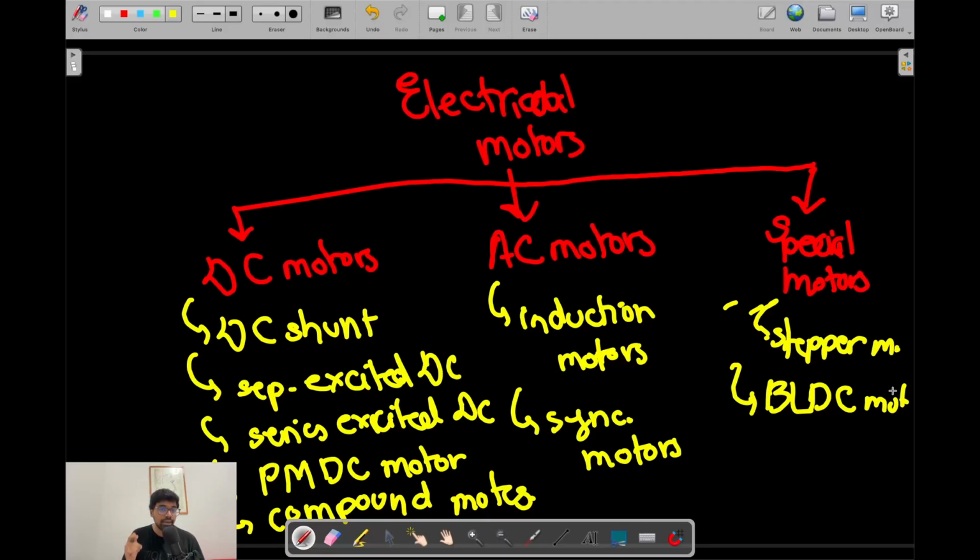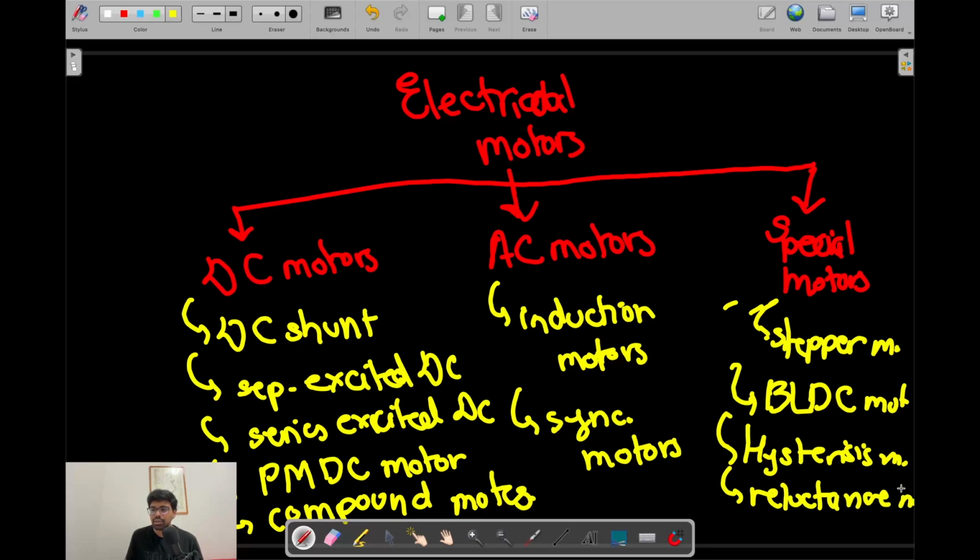Why it doesn't come under the DC motors section is because brushless DC motors have separate excitation waveforms and separate excitation concepts. So these motors are classified under special motors. Then you have hysteresis motors, reluctance motors, and after all of these, universal motors.